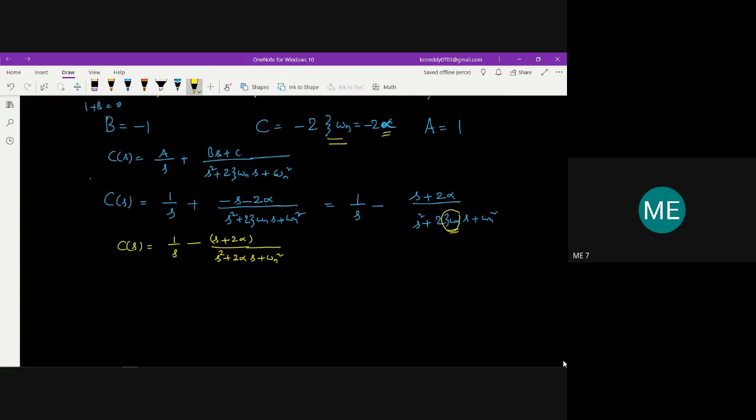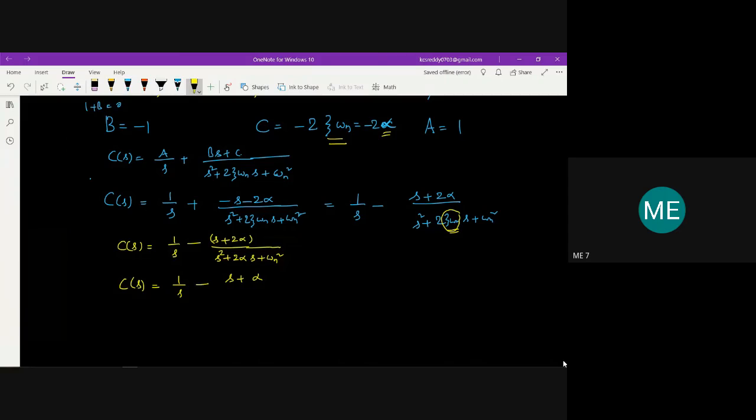Now this is the term which I have got, and we can rearrange these terms. I'll be getting it in the form of, for example, s plus alpha. So C of s is equal to 1 by s minus s plus alpha.